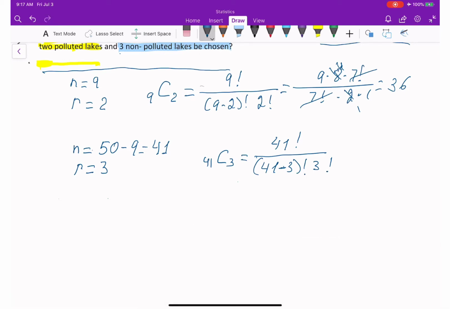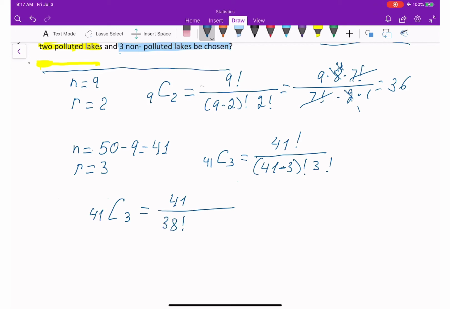So 3 out of 41 is equal to 41. So at the bottom I have 41 minus 3, 38.